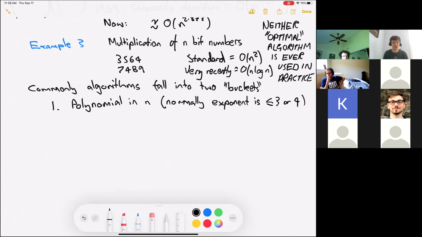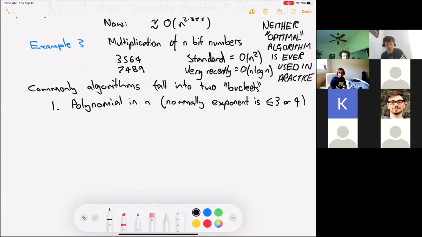I forget exactly what it was. But normally, even in examples where that's true, people over time were able to optimize and decrease the power that n is being raised to.